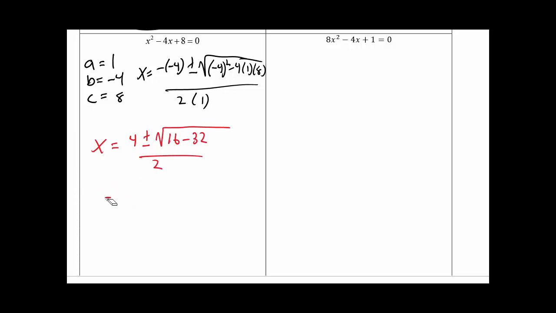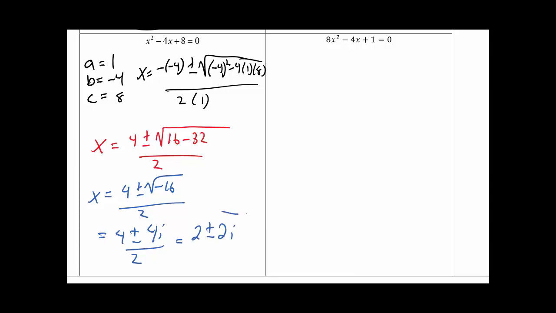So 4 plus or minus the square root of negative 16 over 2, which would be 4 plus or minus 4i. And I can divide both of those terms by 2, so that would be 2 plus or minus 2i.